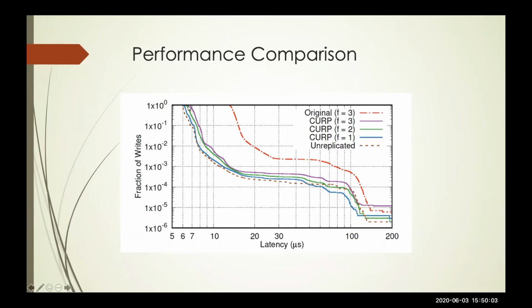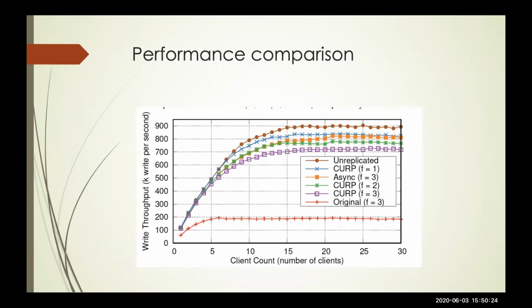And it further reduces as f is reducing. You see the green and the blue line, and the unreplicated one is obviously the least, taking the least amount of latency. And this one shows the throughput. For the original one with f equals 3, the throughput is the least, and with CURP and f equals 1, it gives the maximum throughput.